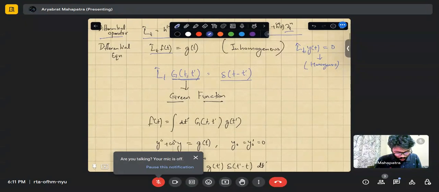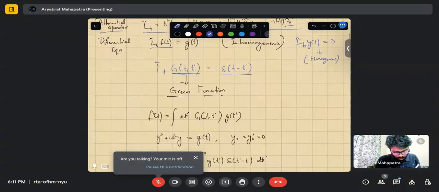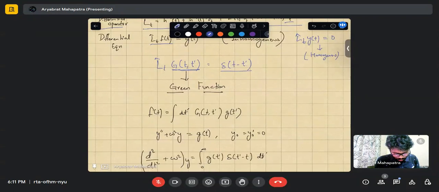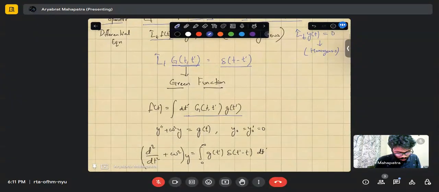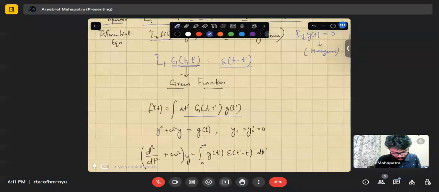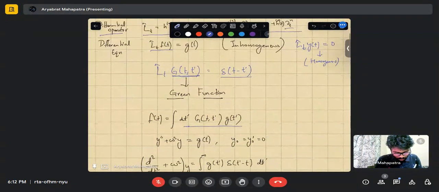We begin with this kind of ansatz: f of t is the integral of dt prime g of t prime, this small g of t prime. Think of this as the solution of a differential equation.